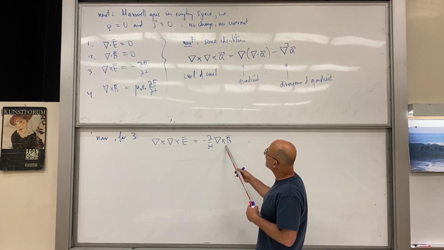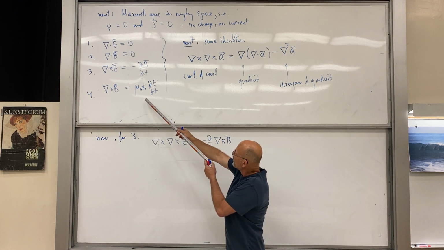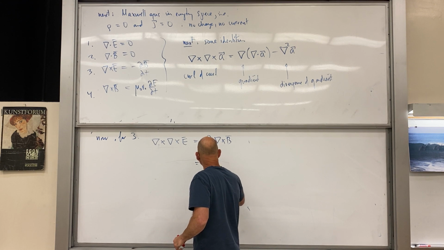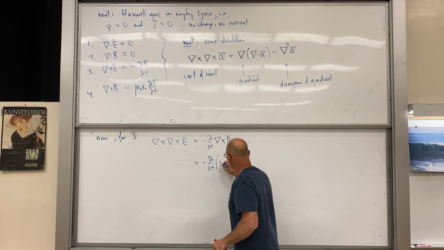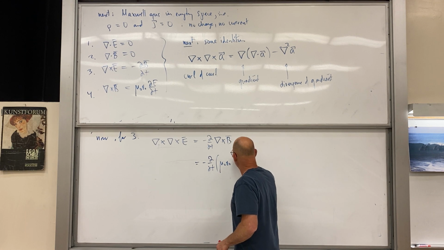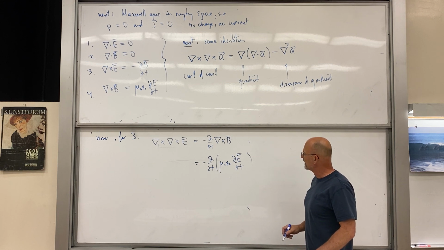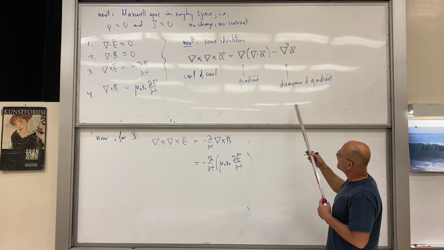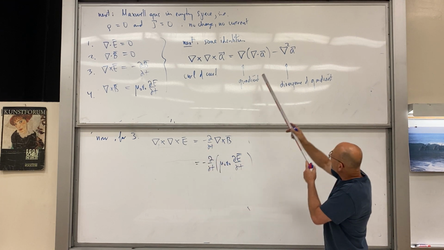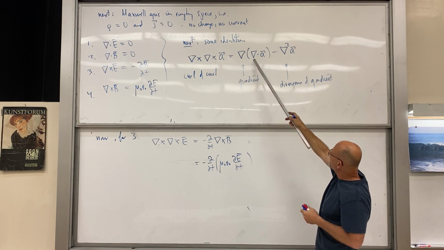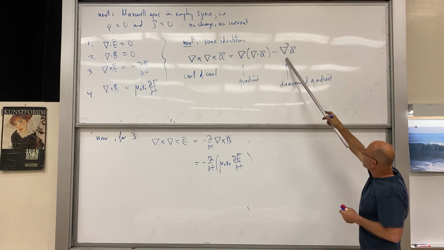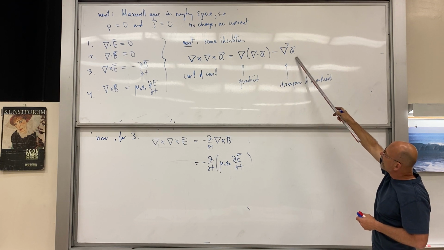Now, what do we know about the curl of B? The curl of B is given by this expression here. So that's equal to minus d over dt times mu naught epsilon naught dE dt. Okay. So this is going to give us a second derivative. Got a minus sign there. Now, the curl of E, on the other hand, that's the gradient of the divergence of E minus this del squared of E, okay?